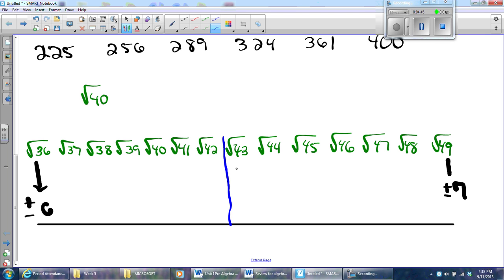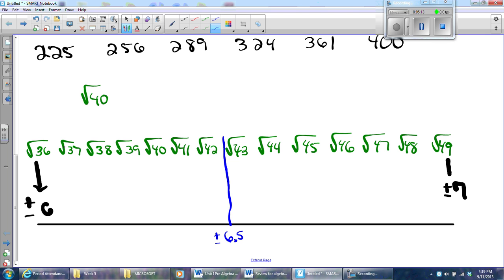Now, if the square root of 36 is plus or minus 6, and the square root of 49 is plus or minus 7, the square root of the middle would be plus or minus 6.5, 6 5/10, because it's smack in the middle. Now I'm asked to find the square root of 40. That's on the left-hand side, in this first half. I'm going to break this half up into another two quartiles.